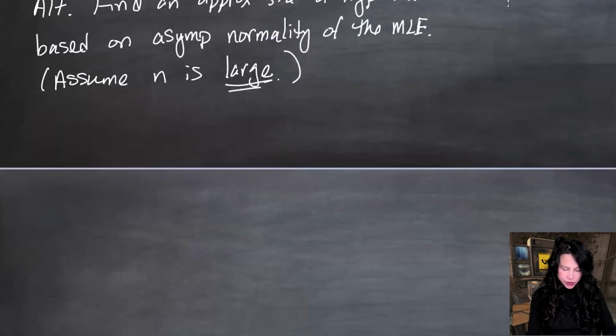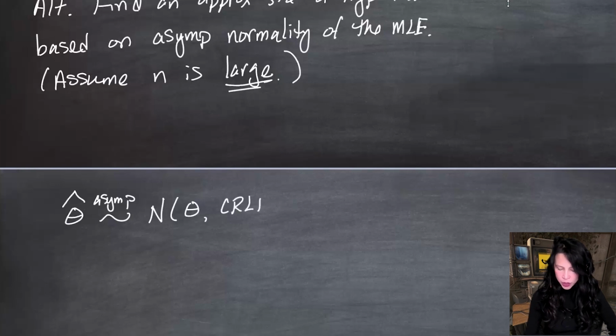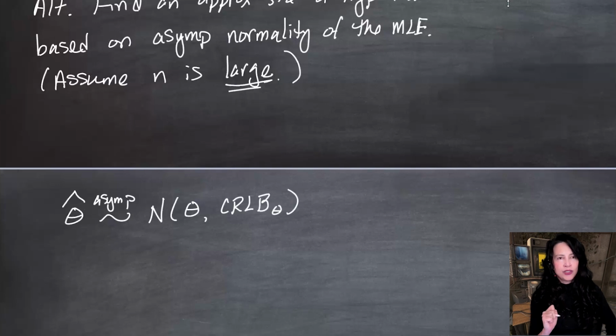So we know that MLEs, for the most part, because we did have some conditions we needed, are asymptotically normal, and they have the correct mean, so the theta that you're trying to estimate, and the Cramér-Rao lower bound as the variance for the thing you're trying to estimate. When we proved this, we used theta naught because I was really trying to fix a theta that generated the data, theta naught, and then use theta as a variable for all our proofs in the functions that were likelihoods.